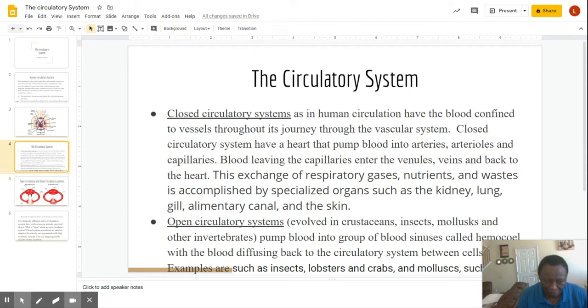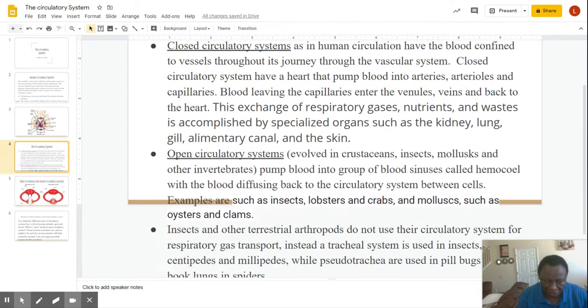Now, in comparison, let's look at the open circulatory system, which is found in crustaceans, insects, mollusks, and other invertebrates. Here, blood is pumped into a group of blood sinuses called hemocoel, with the blood diffusing back into the circulatory system between the cells.